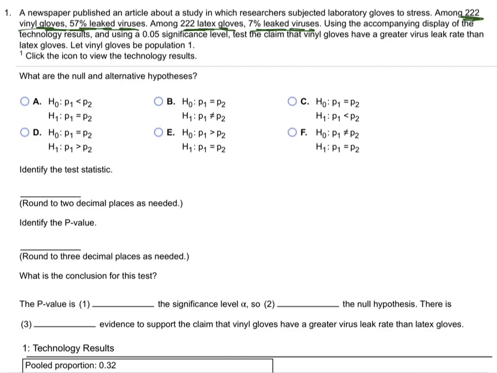So here we go. We're going to test, what's the claim? Let's start off like usual. We always start with the claim. The claim is: test the claim that vinyl gloves have a greater virus leak than latex.